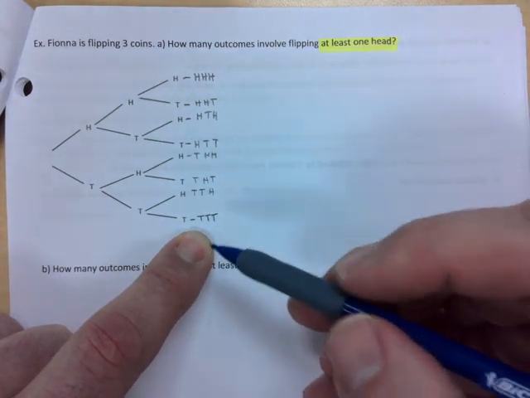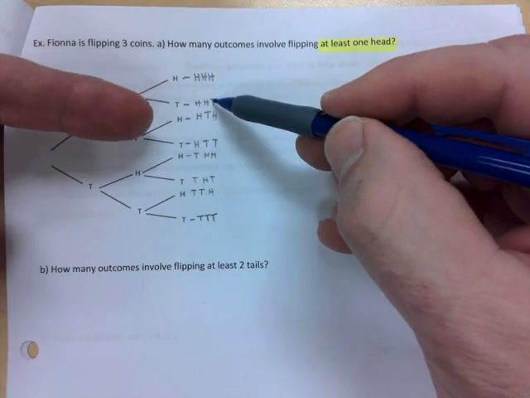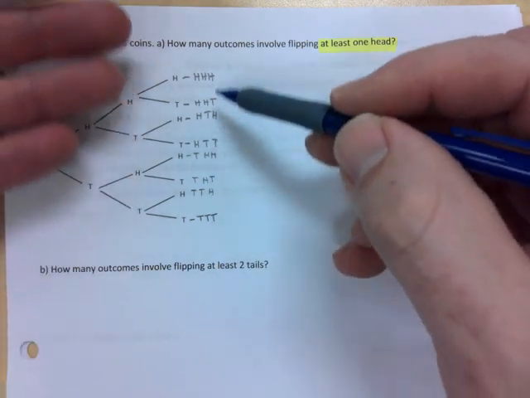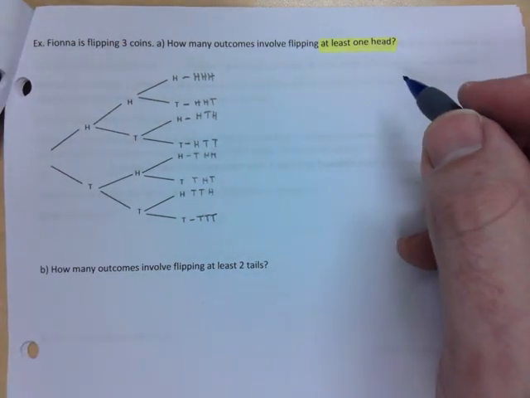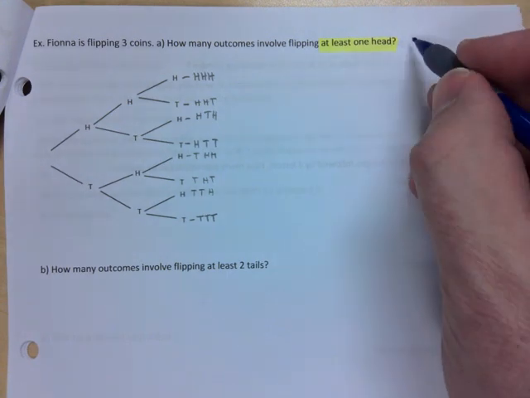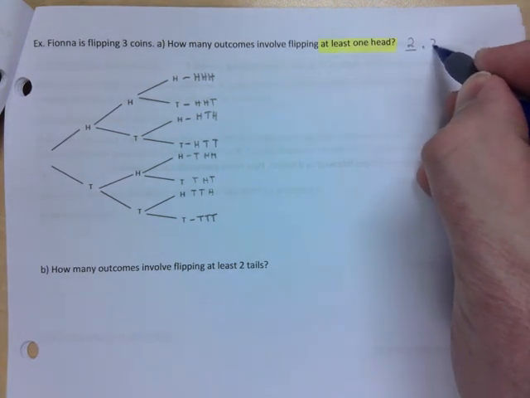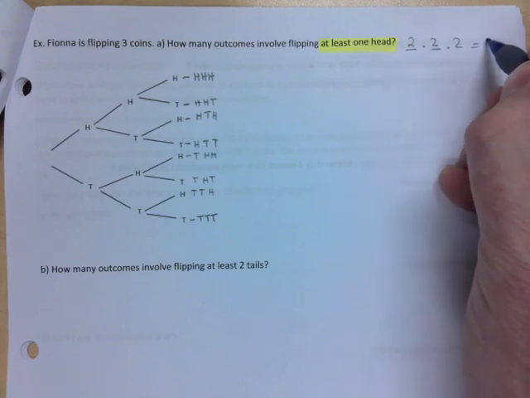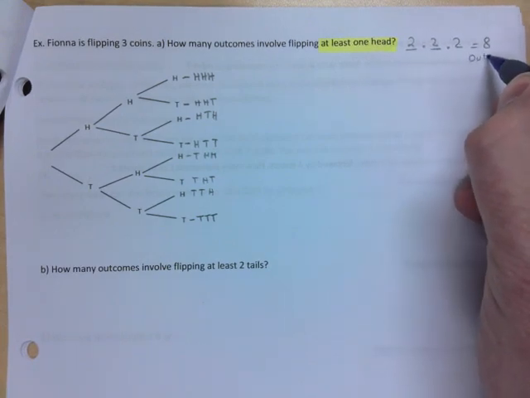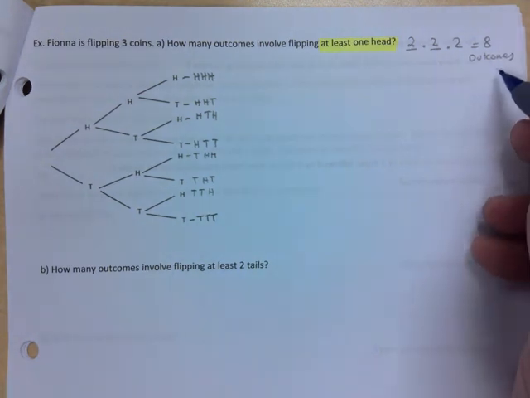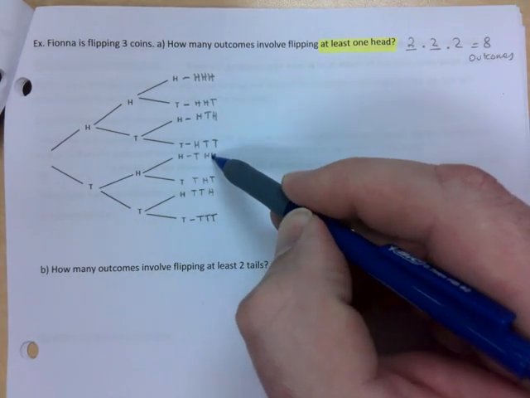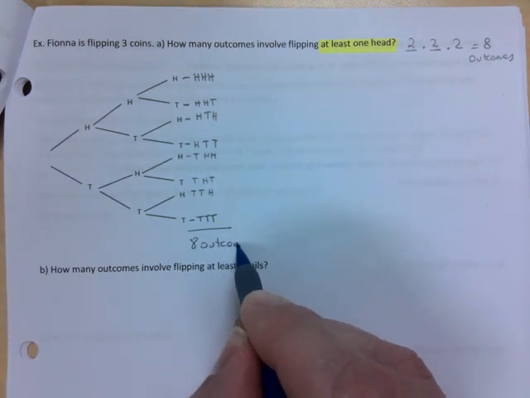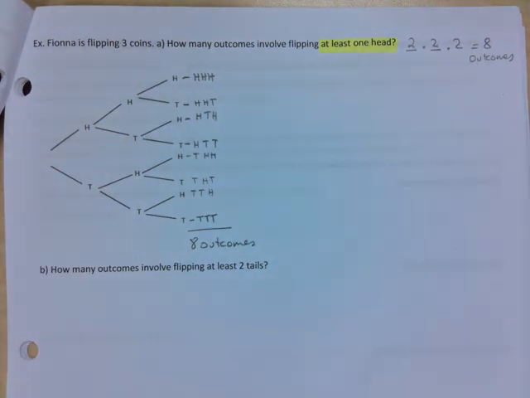So could we have predicted, if you look at it, 1, 2, 3, 4, 5, 6, 7, 8 possible outcomes here? Absolutely. Using the fundamental counting principle, we've got 2 times 2 times 2, which is 8 outcomes possible. If you count 1 through 8, 8 outcomes. It's an important concept to understand.